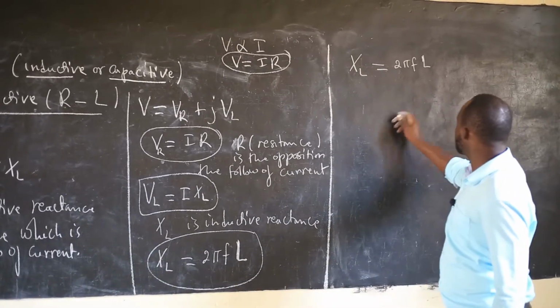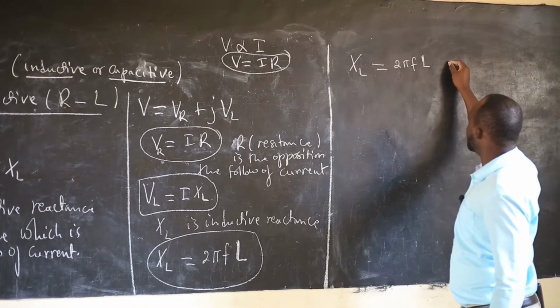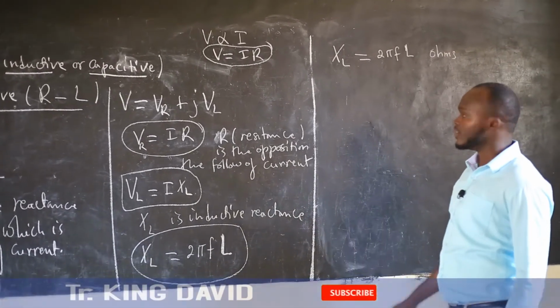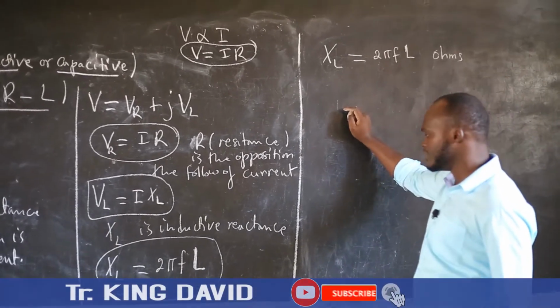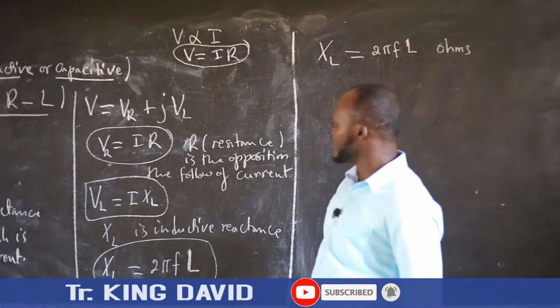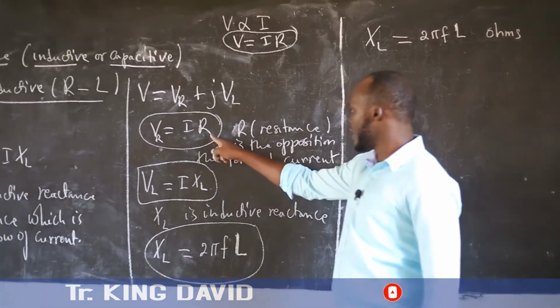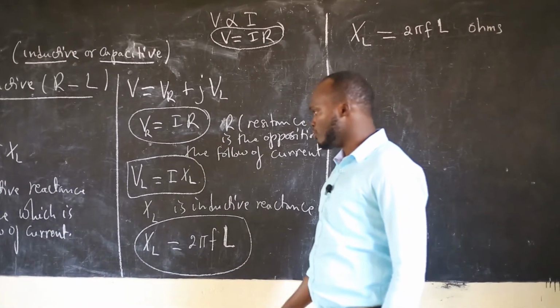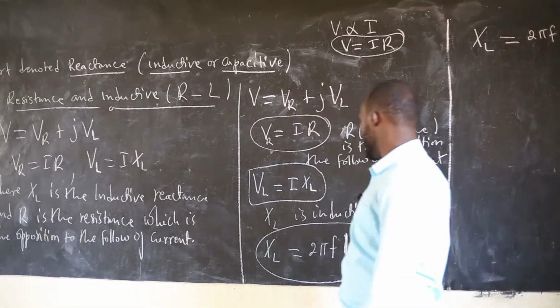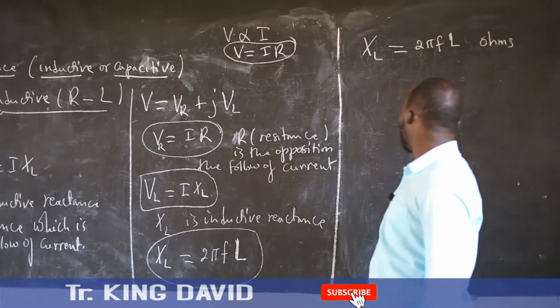Then its unit is ohm. Ohm is the unit of inductive reactance. Even the unit of resistance, which is R, is ohm. Then we have seen that resistance is the opposition to the flow of current.